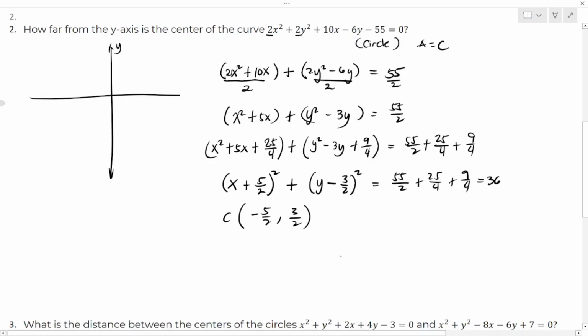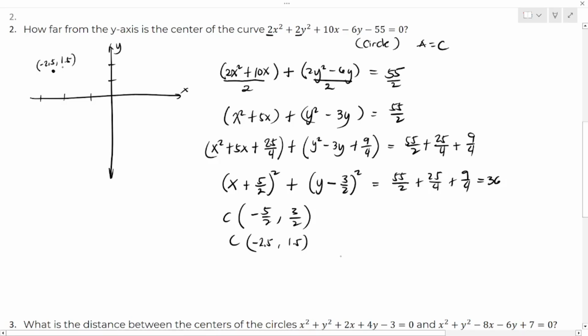So, saan yung negative 5 over 2? This is negative 2.5 and this one is 1.5. So, nandito yung center natin. Okay, this is negative 2.5, then 1.5.